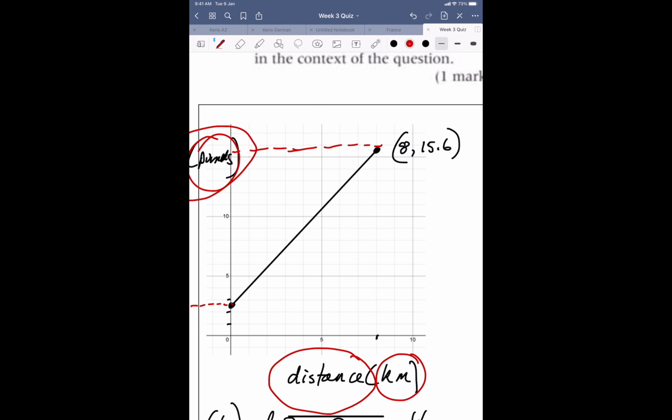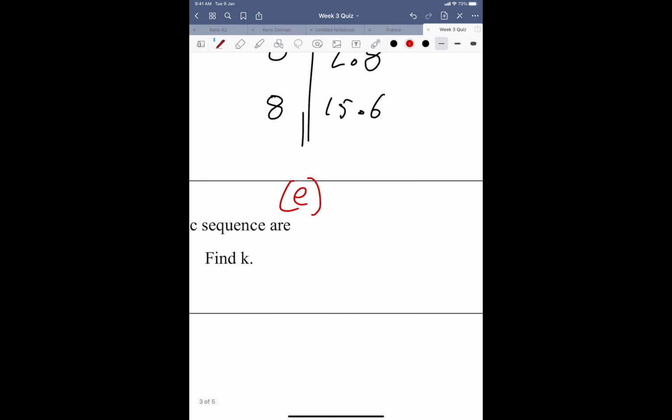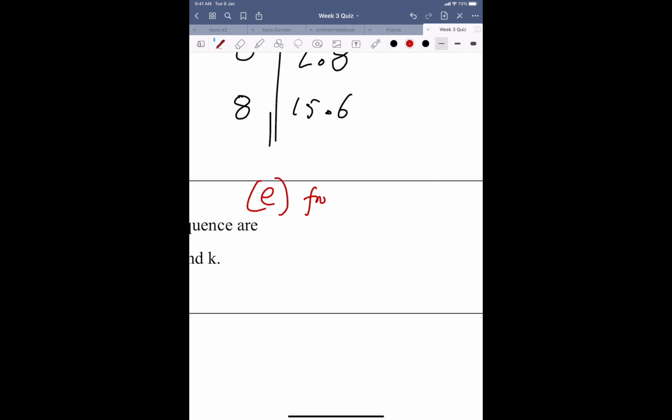So 10 pounds, we could actually use the graph and get a rough idea, right? The way we've drawn the graph, it could be maybe 4.5 kilometers. So let's just write that down from the graph. And D equals 4.5 kilometers. But we can also work out from the equation, right?